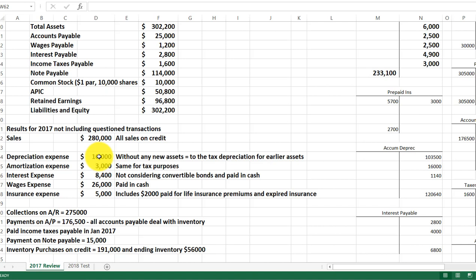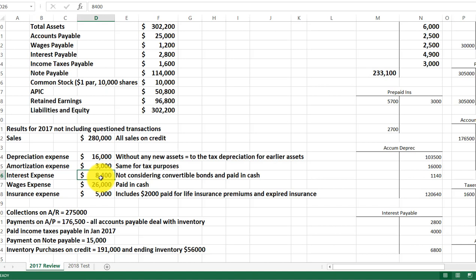Depreciation is going to be recorded with a debit depreciation expense, credit accumulated depreciation. Amortization, debit amortization expense. Now you could use depreciation and amortization together if you would like, in one account to try to keep things a little simpler. And you can either credit accumulated amortization or the actual patent.